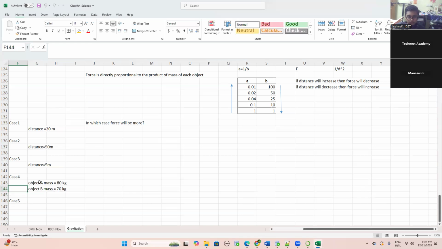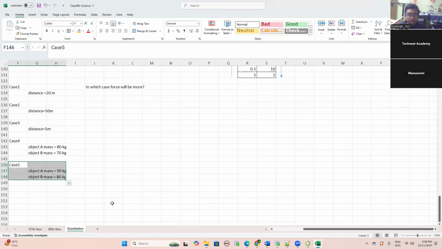Case 5. Object A mass is 90 kg, and object B mass is 80 kg. So tell me, if you compare these two cases, case 4 and case 5, in which case will force be more? Sir, in case 5.